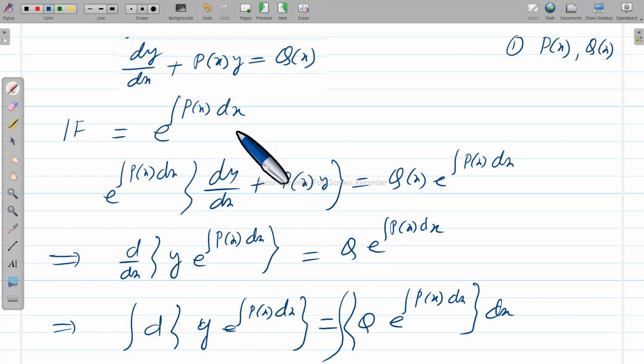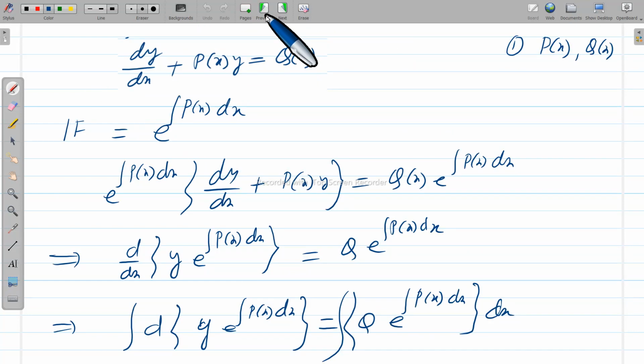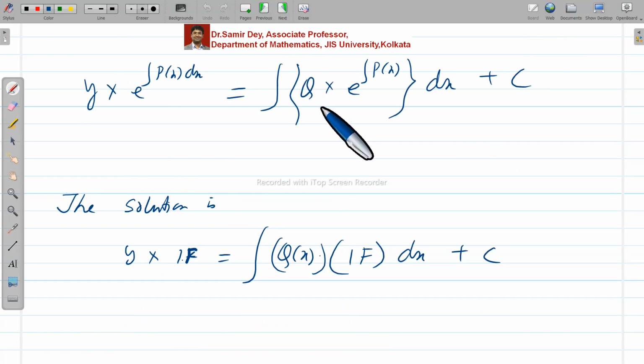Then you may write the solution: y times the integrating factor equals the integral of Q(x) times the integrating factor dx. Your main task is to integrate here. I have already proved that this result comes from the previous calculation, so during the exam you may directly write it.